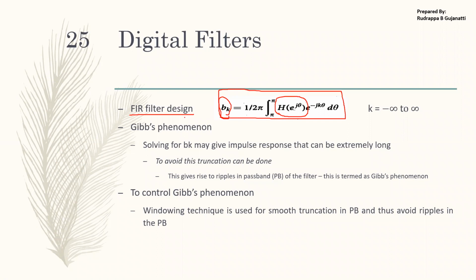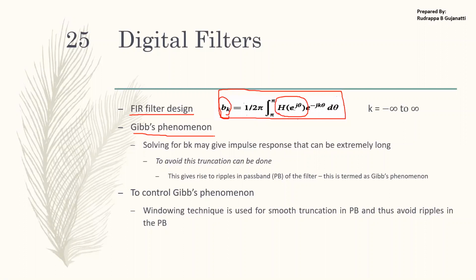Now, what is the problem with identifying the coefficients of FIR filters? We come across something called the Gibbs phenomenon, which gives rise to ripples present in the passband.